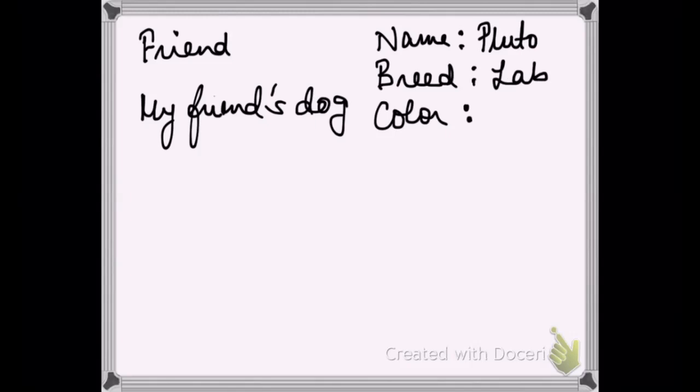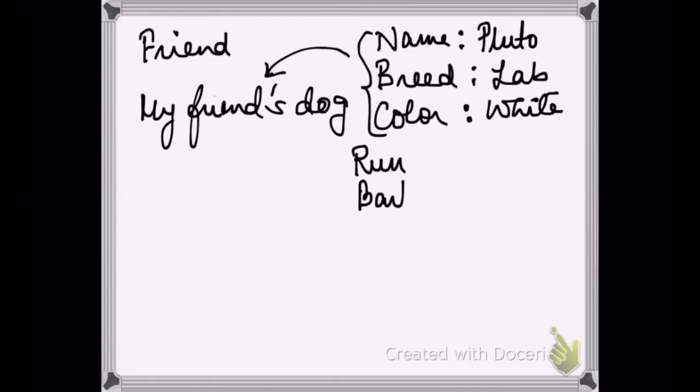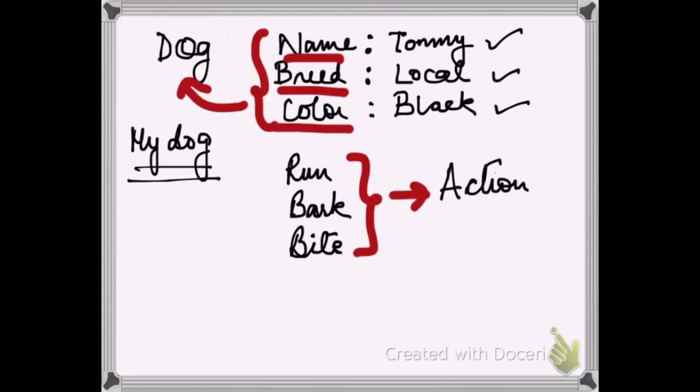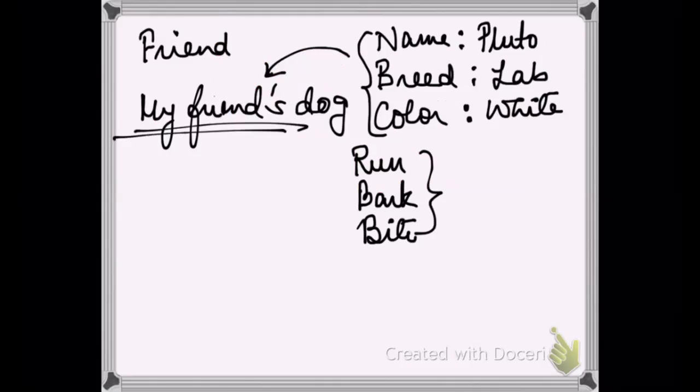Let's say the color is white. So these three features describe my friend's dog. And again, this dog also can perform some actions: it can run, it can bark, it can bite. So my dog has a name, breed and color and can perform these actions. Similarly, my friend's dog can run, bark and bite, and it has these different features.